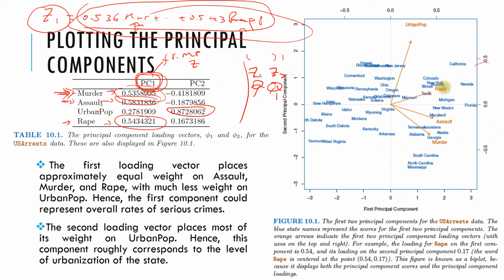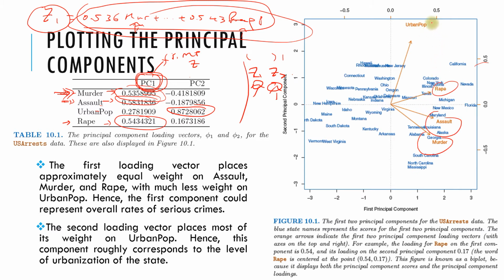For example, you can see that rape, assault, and murder tend to be close to each other on the graph, and urban population tends to be very far from the others. Now, if you look at the three variables here, their vectors are very close to the first principal component.